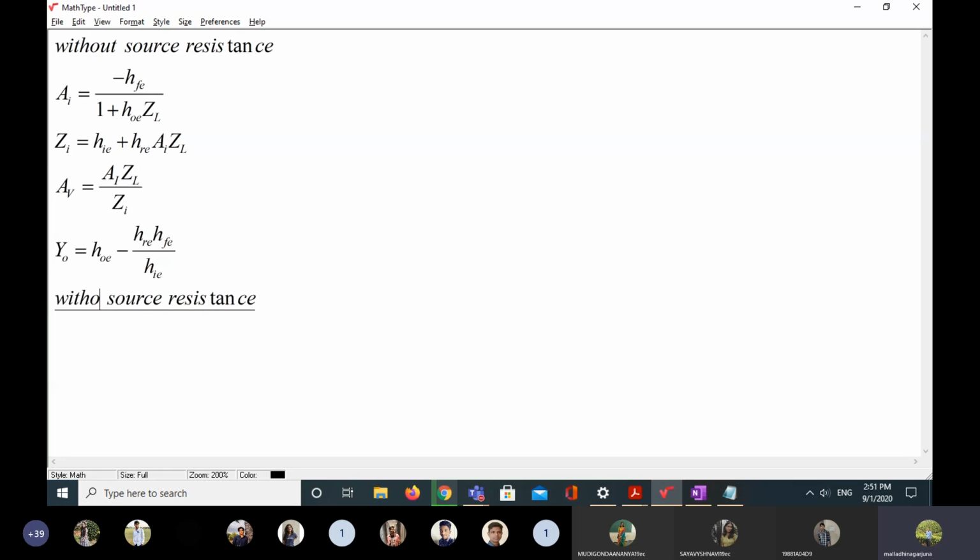With source resistance: AIS is equal to AI into RS divided by RS plus ZI.